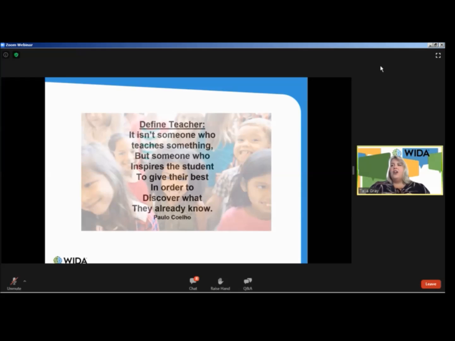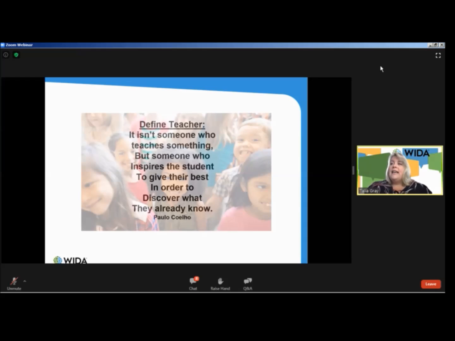All right, so we're challenged right now by a new definition of teachers and what we do and what we are, especially in the environment that we're in now with long distance learning, with school from home. And I think this quote really speaks to us as teachers and the definition of what we are.